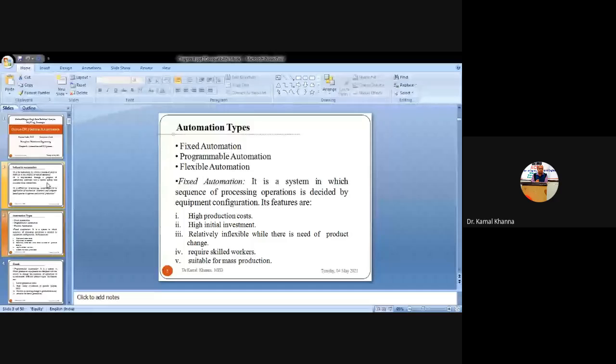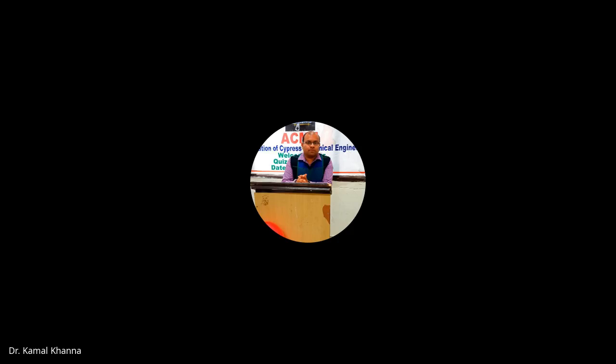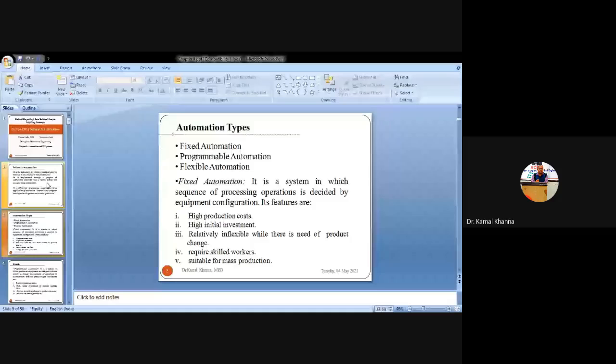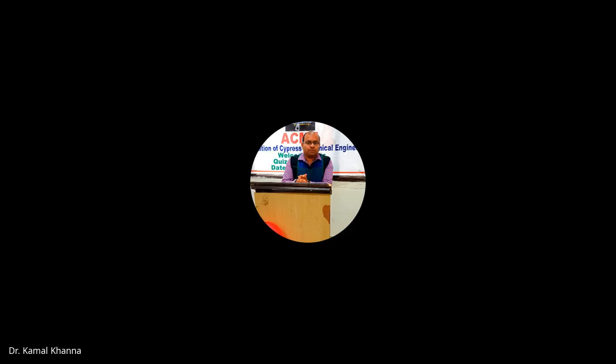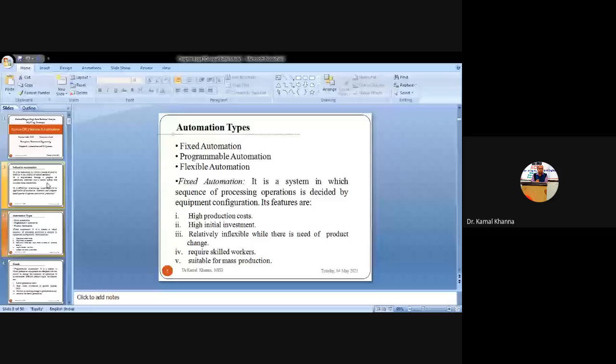With fixed automation you cannot adapt to that altered demand of the customer. So fixed automation is relatively inflexible whenever there is a need to alter the design of the product.